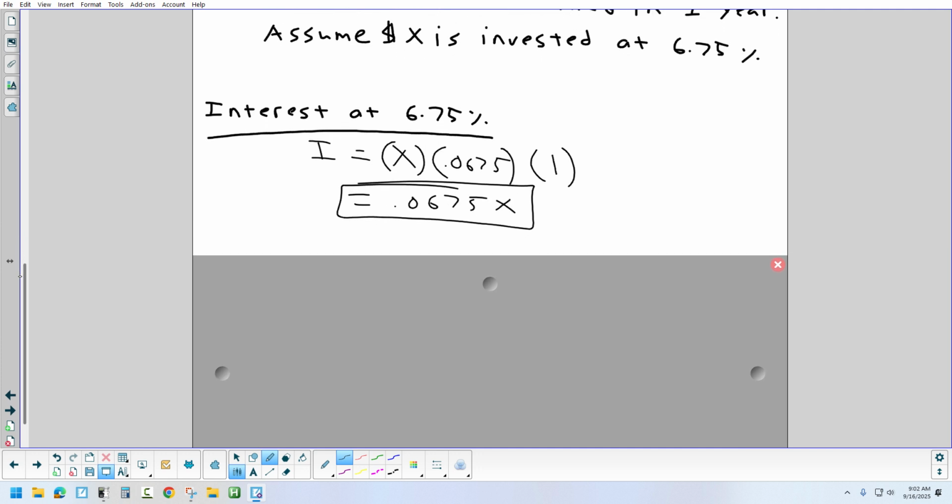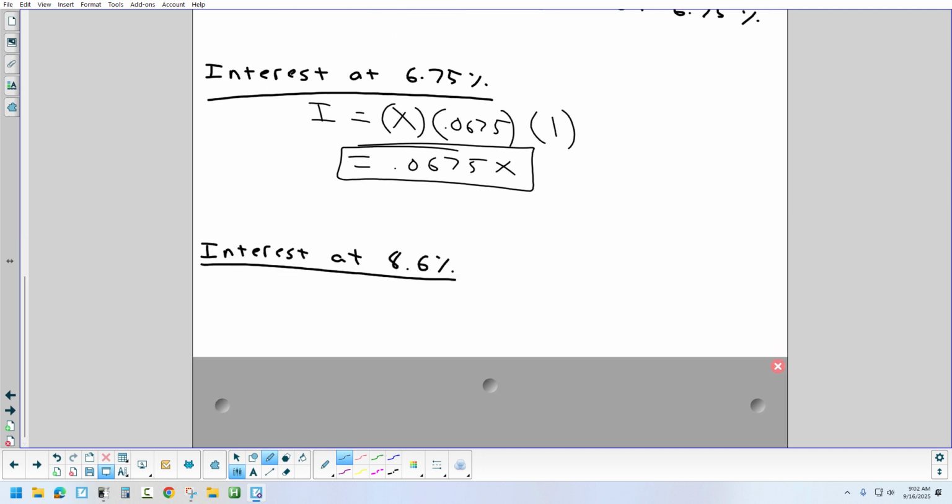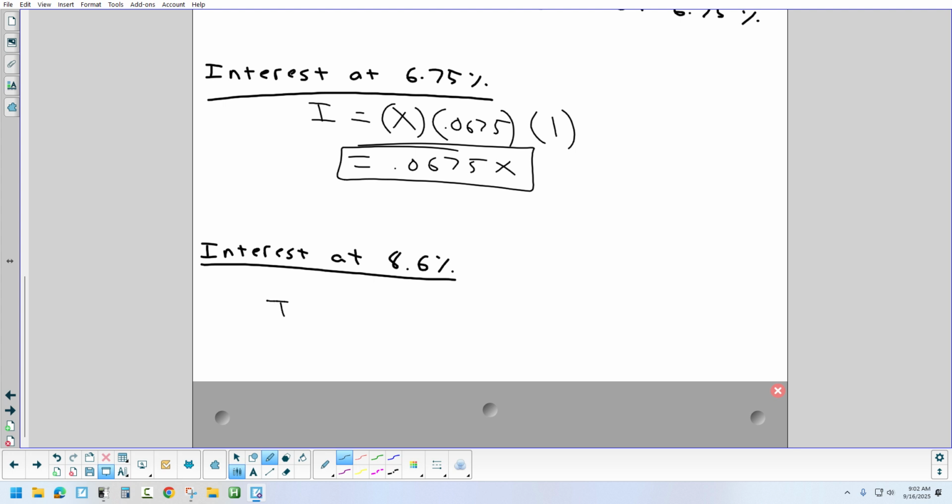Now, let's do the same thing for the amount of interest earned at 8.6%. First thing is the principal. How much money is invested in the 8.6% investment? 20,000 minus X. Yep, 20,000 minus X. That's your principal.